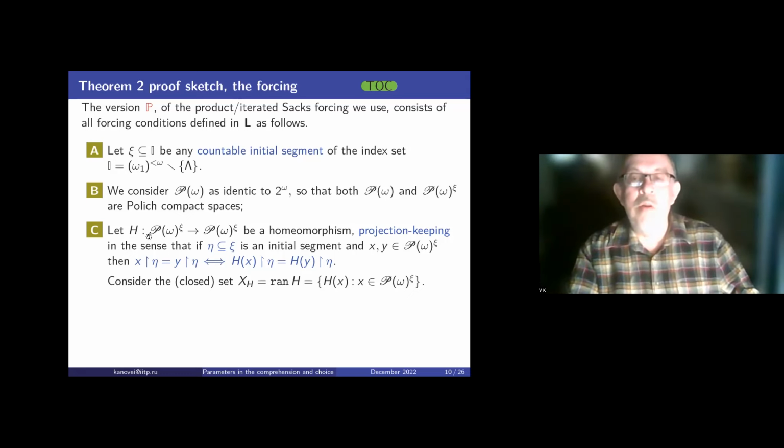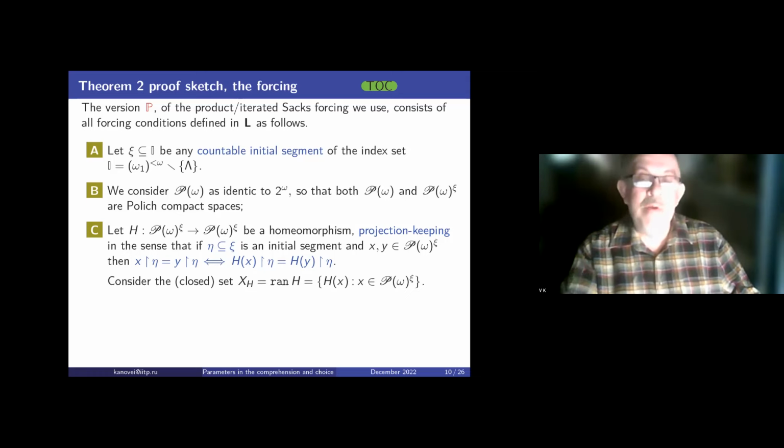And I call this sort of maps projection keeping homeomorphisms. And if H is such, then we consider its image, just the image of the whole space, which is a product of many Cantor spaces. So it's a closed set.